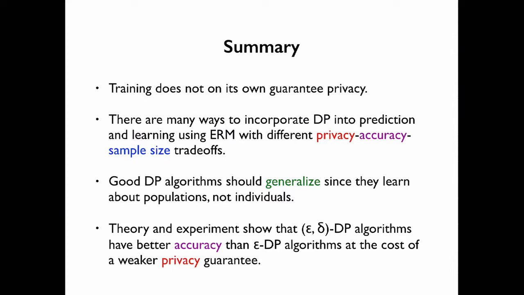Good differentially private algorithms should in fact generalize, since they're about populations and not individuals, so privacy is not necessarily a game killer. If you're willing to tolerate epsilon-delta differential privacy, you can get significantly better performance than epsilon-0 algorithms.